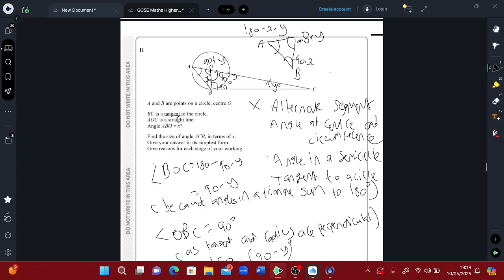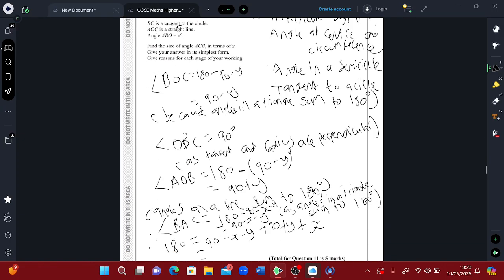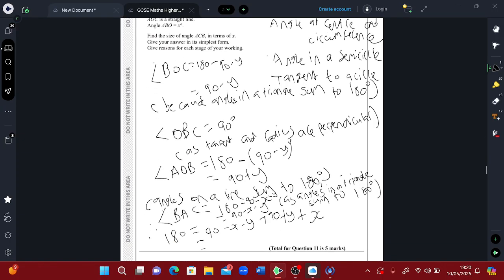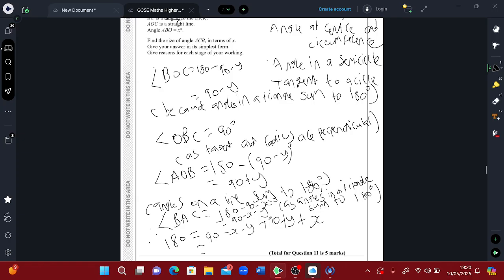And therefore that angle is 90. That angle is going to be 180 minus y minus x minus 90. So it's going to be 90 minus y minus x. But we did that, didn't we? Yeah, 90 minus x minus y.